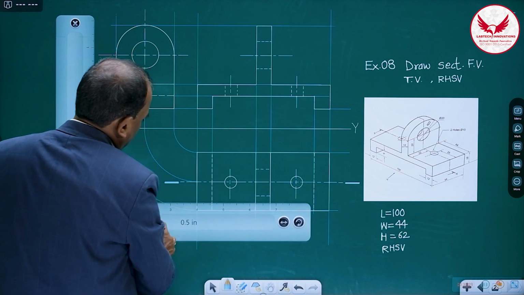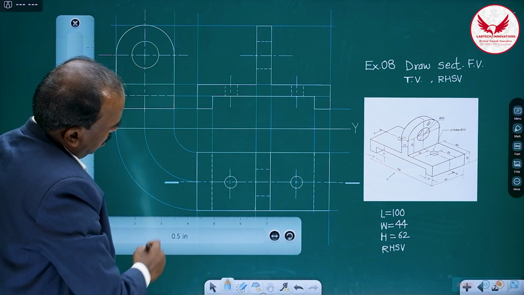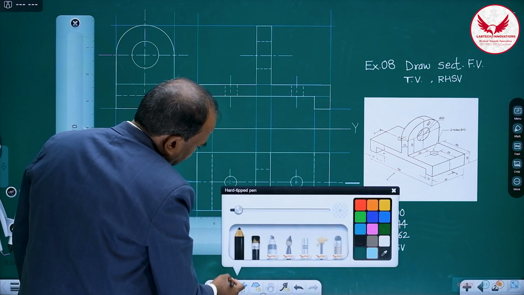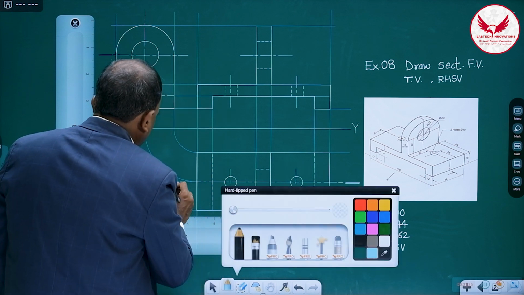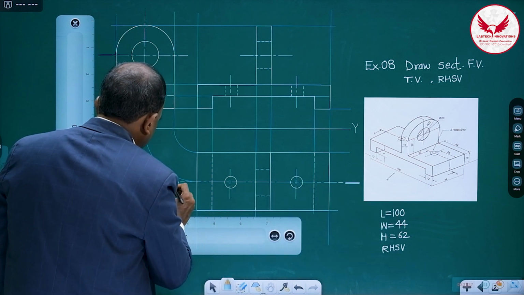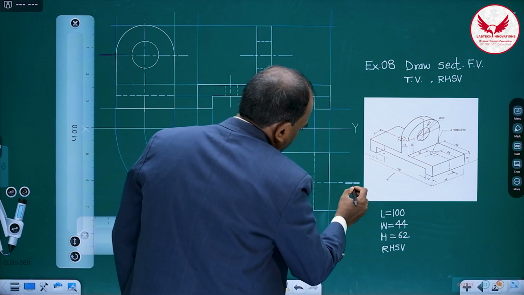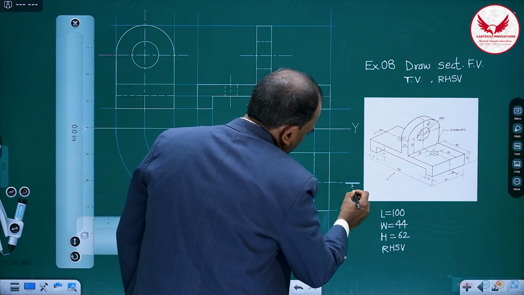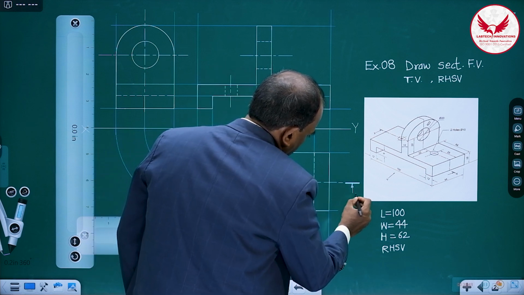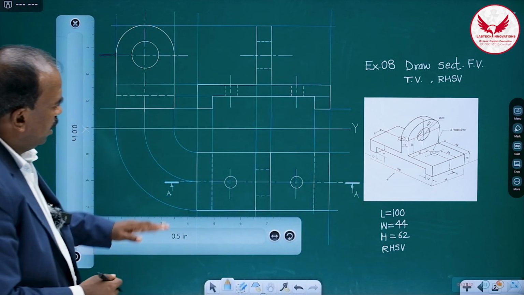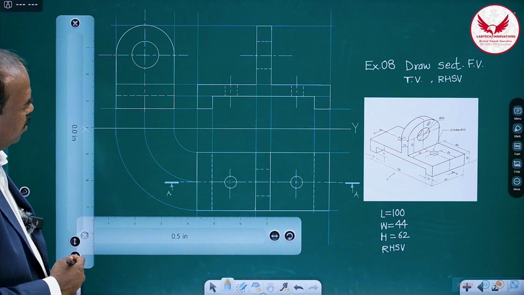Making the end of this center line dark and then giving the names A, A. This is the cutting plane line, showing the cutting plane line in the top view.